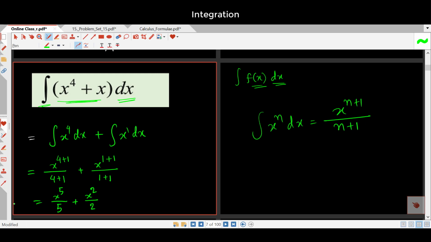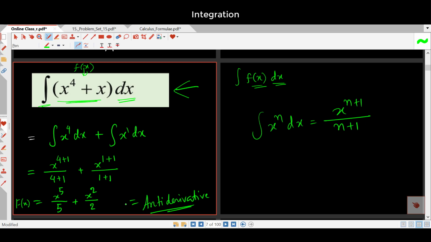This is our final result of this integral, and this result is known as the antiderivative, capital F of x. The function we started with is small f of x, but the result that you have found is the antiderivative, that means the answer of the integration. Integration and differentiation are opposite operations, so that's why integration is also known as antiderivative. I mentioned all these things when we discussed integrals in our last class.